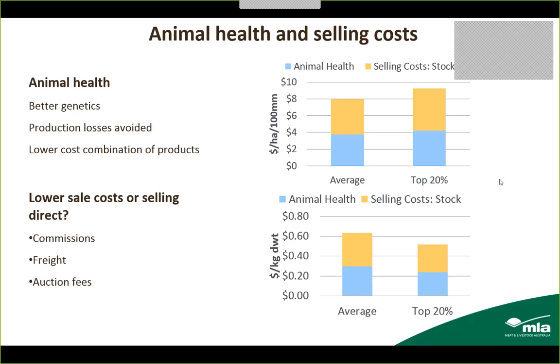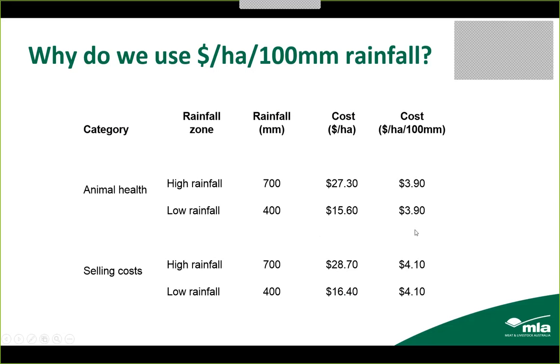Just before I do, I just want to explain quickly why we're using dollars per hectare per 100 mils of rainfall. And the reason is this, and if I just take the animal health category from the preceding slide, what you're looking at here is two rainfall environments with very different cost structures per hectare. So the top one, we're looking at a category of animal health in a high rainfall area of 700 millimetres.